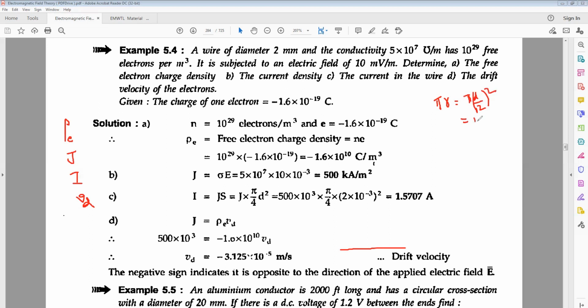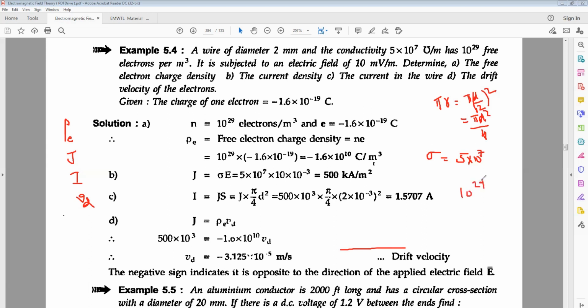It becomes pi d square by 4. The diameter is given, and also the conductivity is given. Conductivity means sigma. Sigma is given, that is 5 into 10 power of 7 mhos per meter, and it has free electrons per meter cube, 10 power 29.